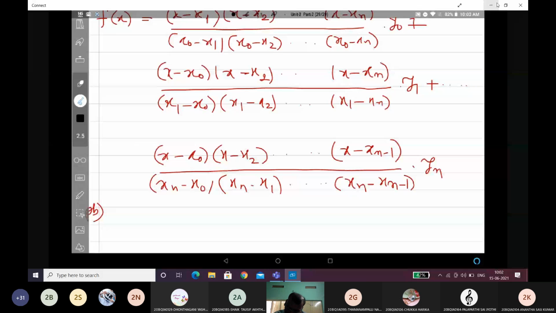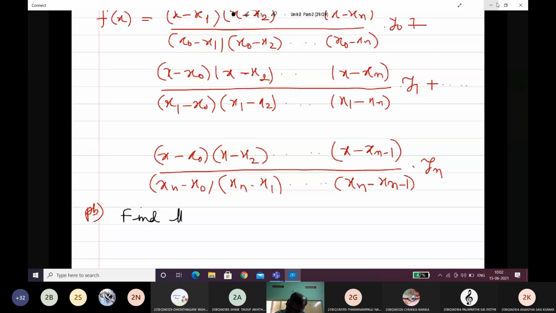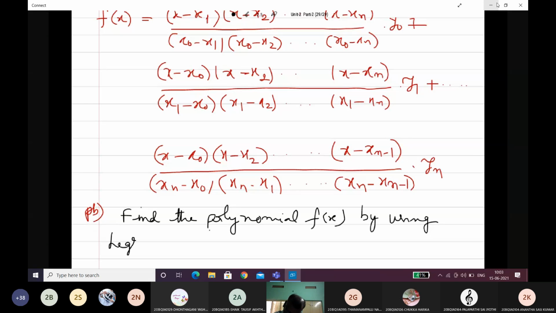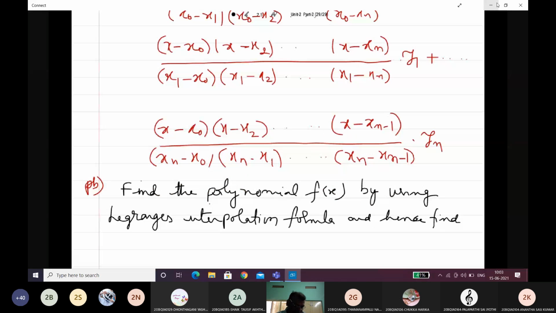Find the polynomial f of x by using Lagrange's interpolation formula, and hence find f of 3 for the following data.